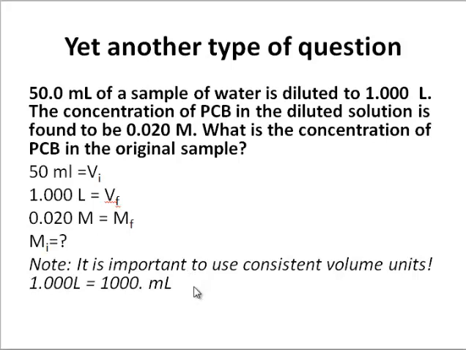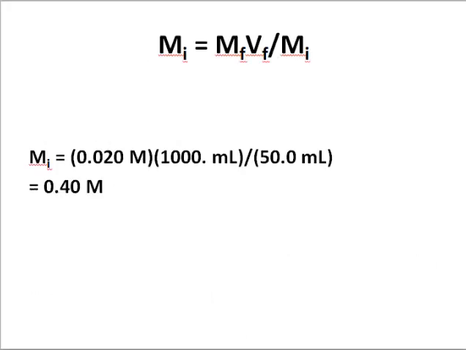Do that before moving on. Right, M sub I is M sub F times V sub F over V sub I, or 0.020 molar times 1,000 milliliters over 50 milliliters. The correct answer is 0.40 molar.